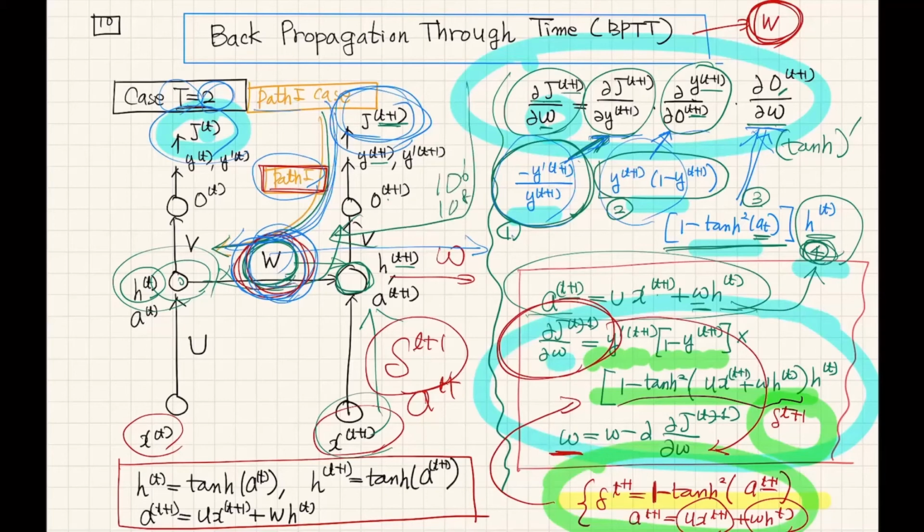It goes back, and then this will be millions or billions of multiplications. So it has to go back to the first hidden layer. That's why this is called backpropagation through time.